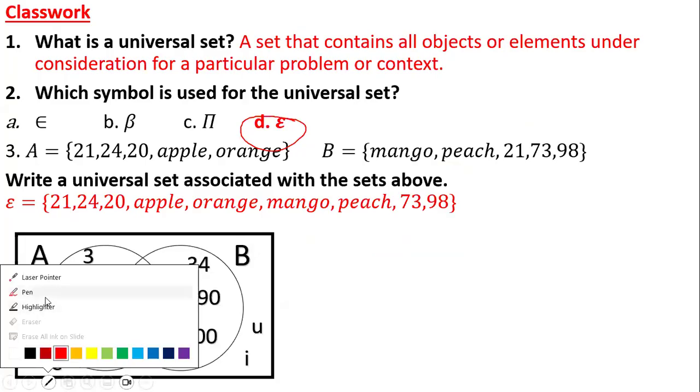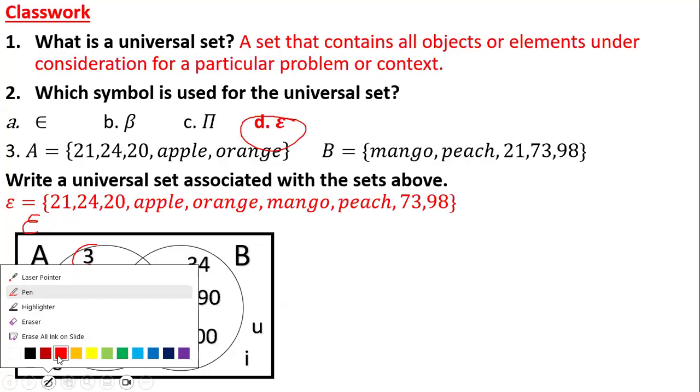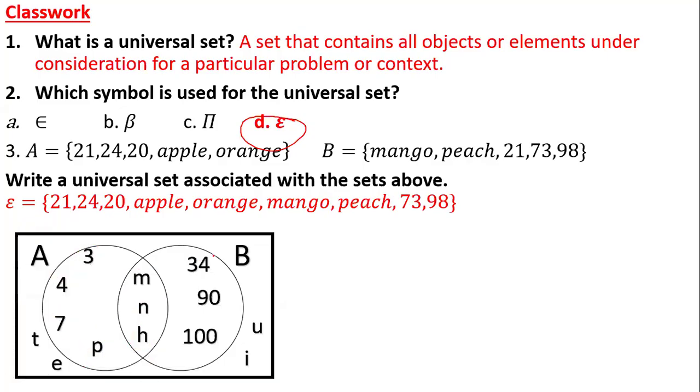Okay, so what I want to do is I want to put this as the universal set. That right there. That's the universal set. And so in set A, we have 3, we have 4, we have 7, we have P, we have M, we have N, we have H. All of that is inside of A. And then inside of B, we have 34, we have 90, we have 100.